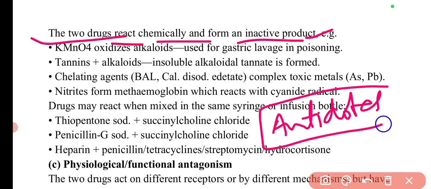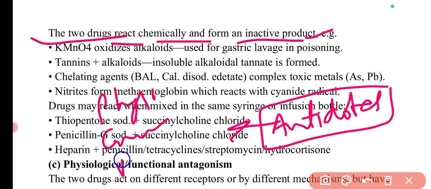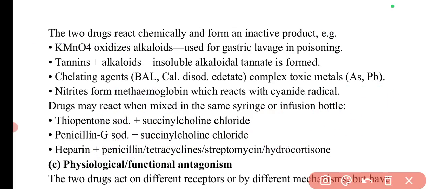Like I have given you the example of three classifications: the physiological, chemical, and mechanical antidotes. In chemical antidotes, the antidote will react with the poison, and it will make the poison into an inactive compound. So that is the thing that is happening here as well. The two drugs react chemically and form the inactive product.